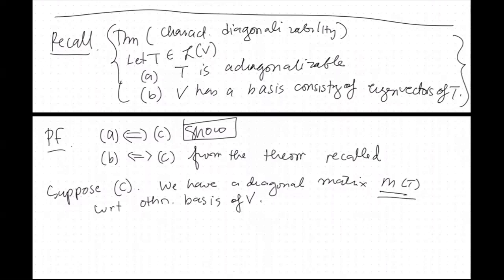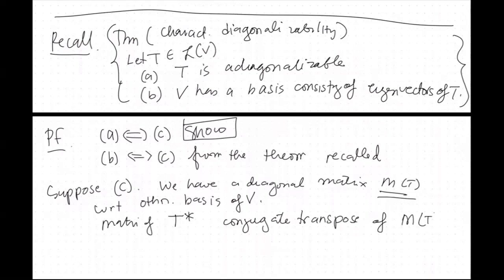Then the matrix of T star is just the conjugate transpose of M of T. And what can you say about the conjugate transpose?